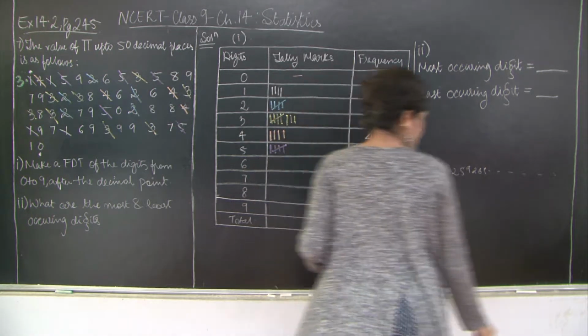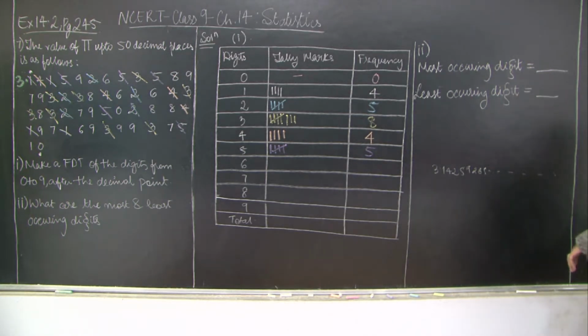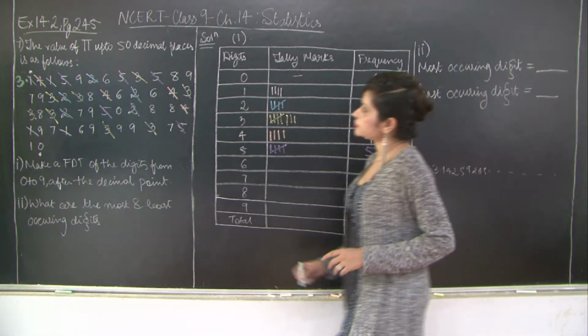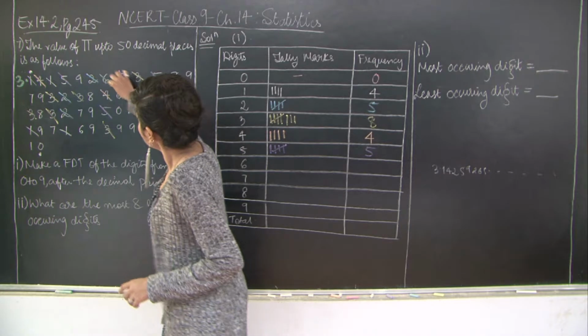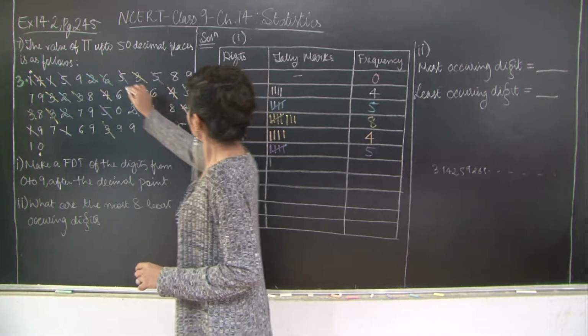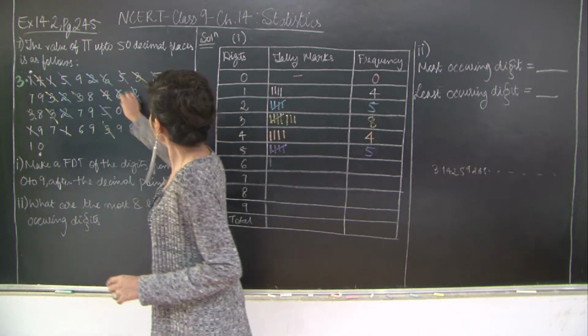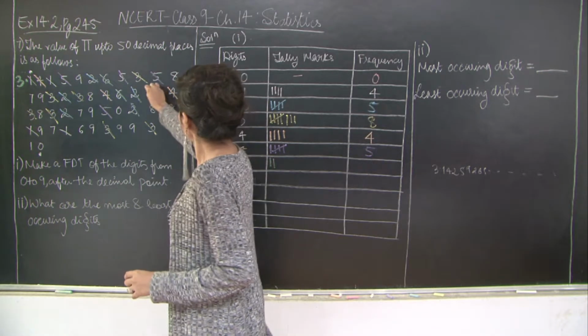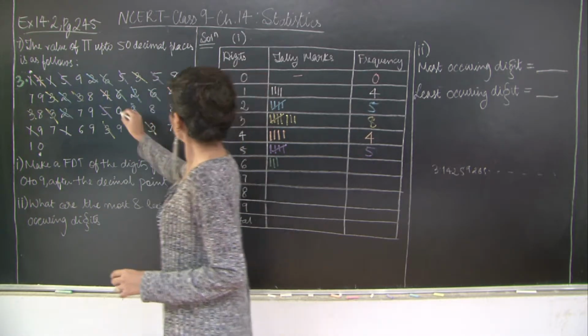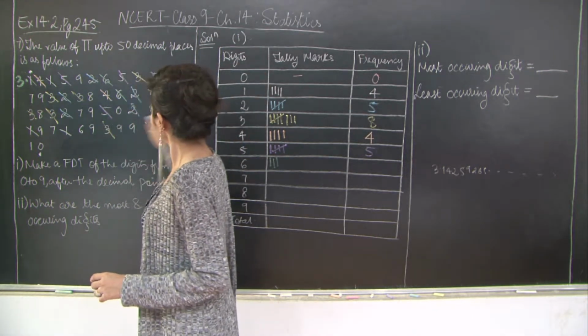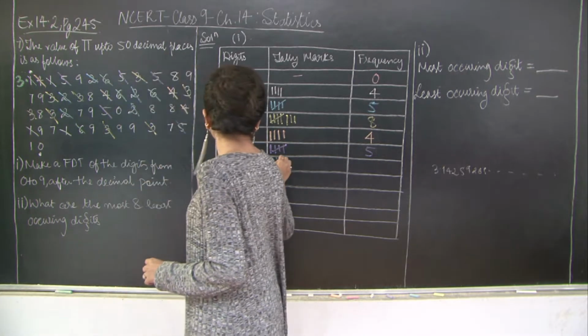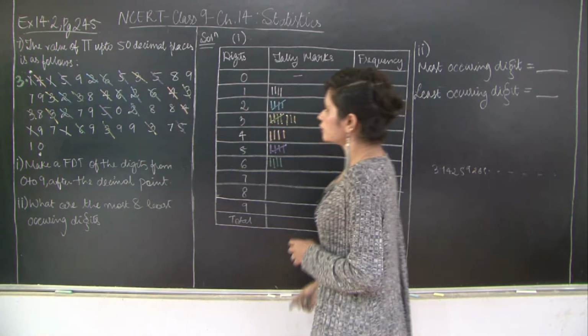Let's check the other number, that is 6. I'm going to strike down all the 6's. 1, 2, 3, 4. So 6 is appearing 4 times.